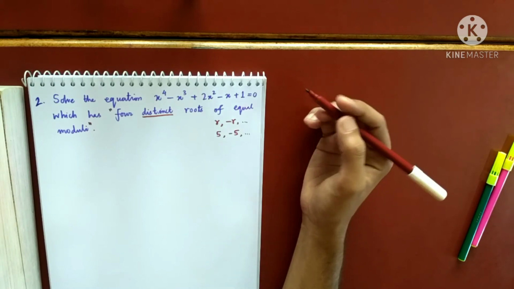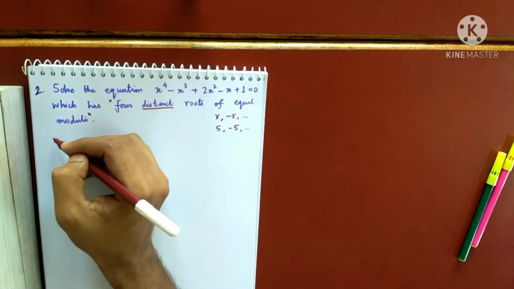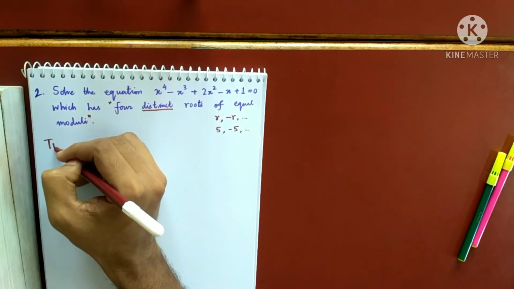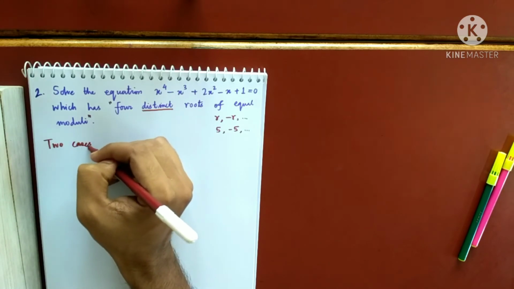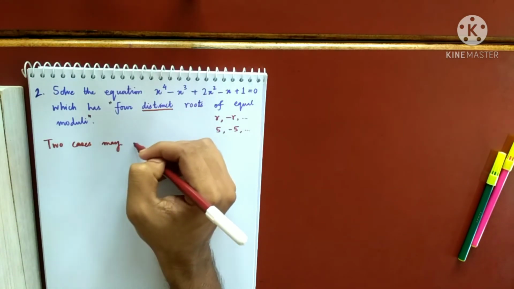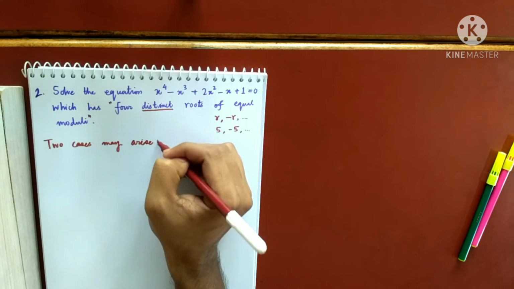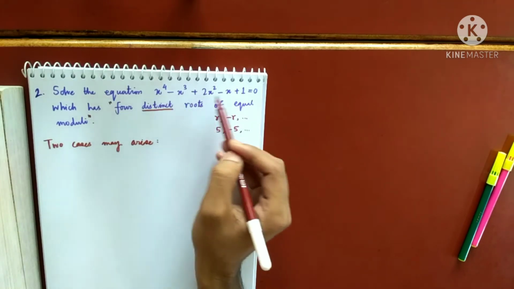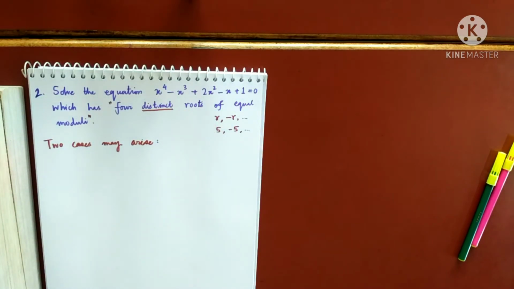So two cases may arise. And one more thing to note: because the coefficients are all real, complex roots will always occur in conjugate pairs, right?